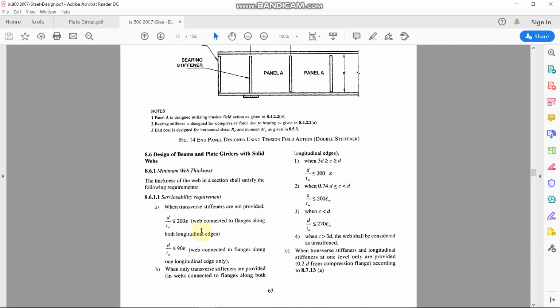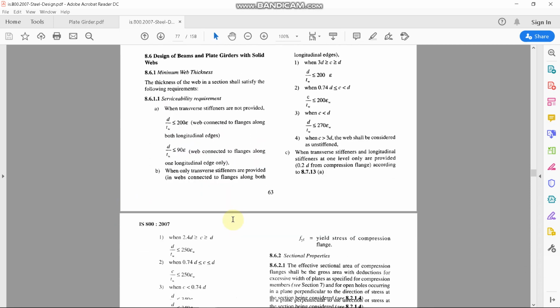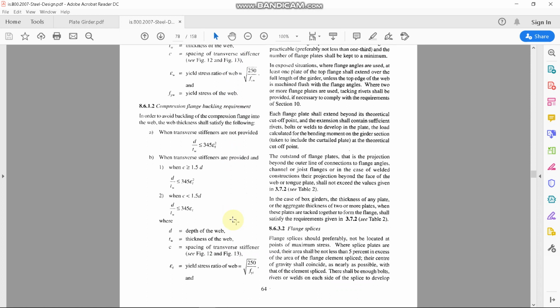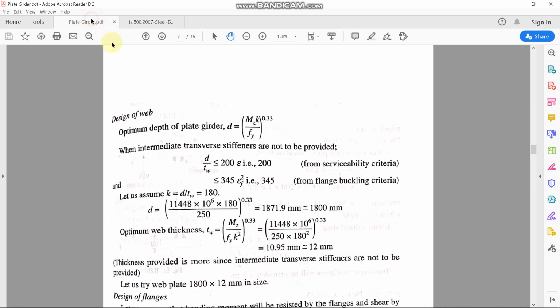In this case, we are not using intermediate stiffeners, so I think this case will be applicable for us. And as per the flange buckling criteria in 8.6.1.2, we also have d by tw less than or equal to 345 epsilon f square. All right, so these two conditions are used here from serviceability criteria and from flange buckling criteria.